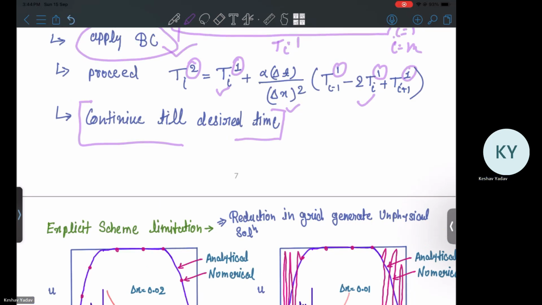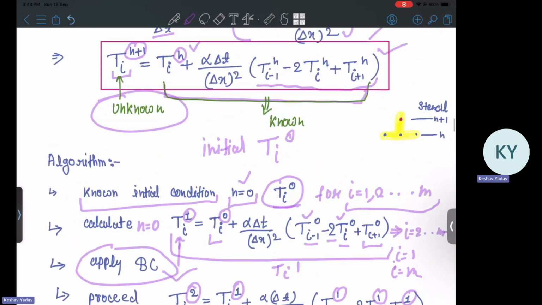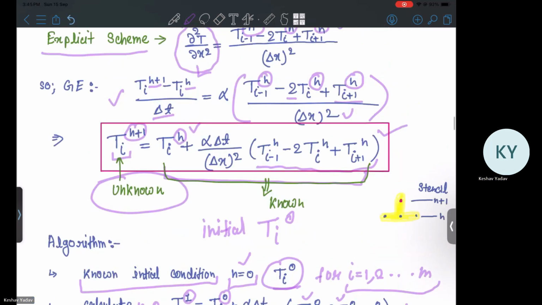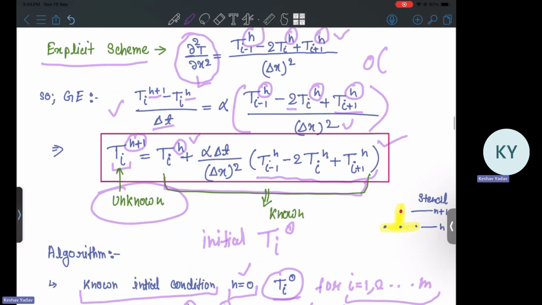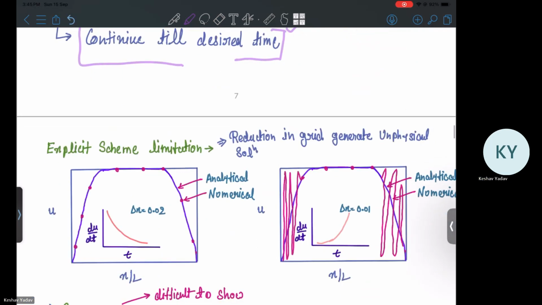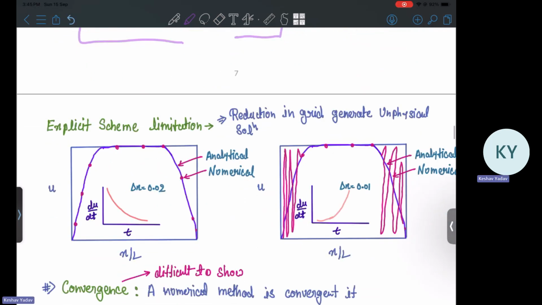Now this explicit scheme, if we see, the truncation error is of the order of delta t and delta x square. Meaning, if I decrease the delta t and delta x, my solution will improve. So let us do one exercise.